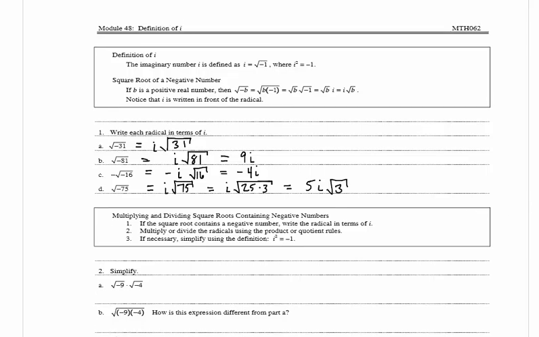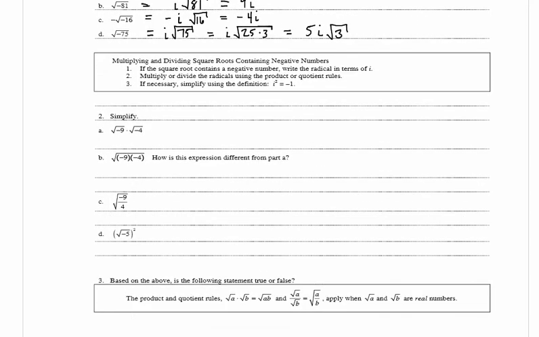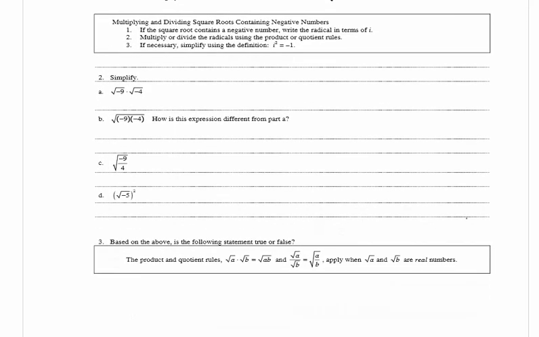And they give us some rules here on multiplying and dividing square roots, and we'll see these used in the examples below. So in number 2, it wants us to simplify, and we have the square root of negative 9 times the square root of negative 4, and we can write this as i times the square root of 9 times i times the square root of 4.